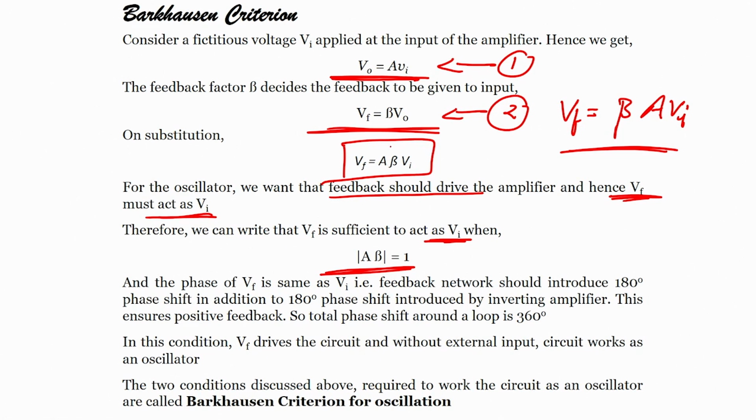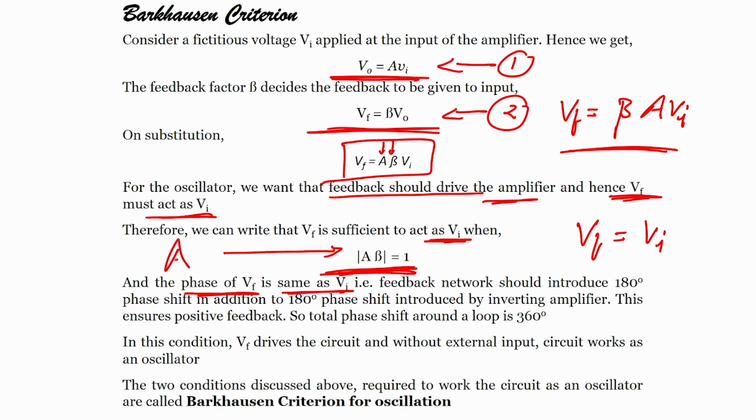Feedback voltage is gain into beta into Vi. But in reality what we want, Vf should be equal to Vi, right, feedback voltage should drive the amplifier. So, to do that, what we require is that the mod of A beta should be 1. Second thing, the phase of Vf is same as Vi, right. This is the first thing, alright.